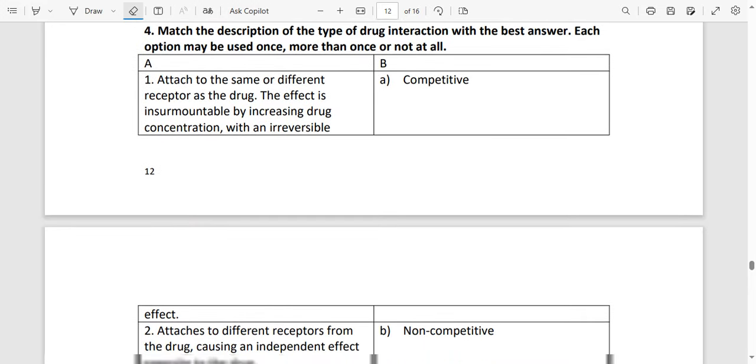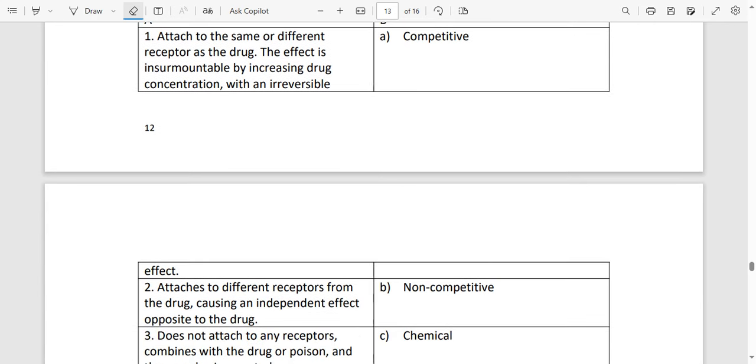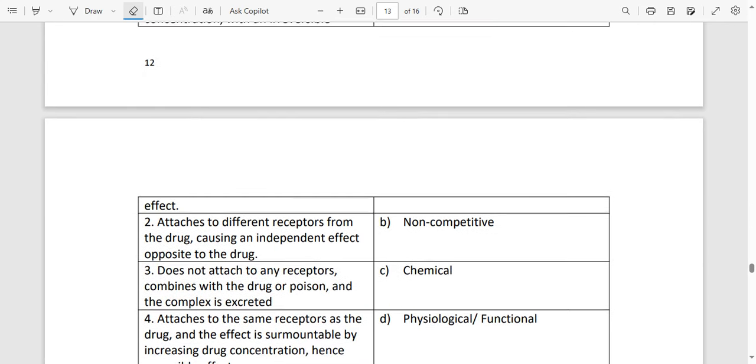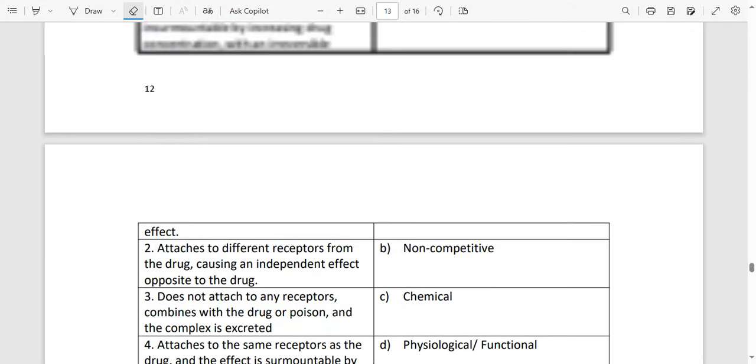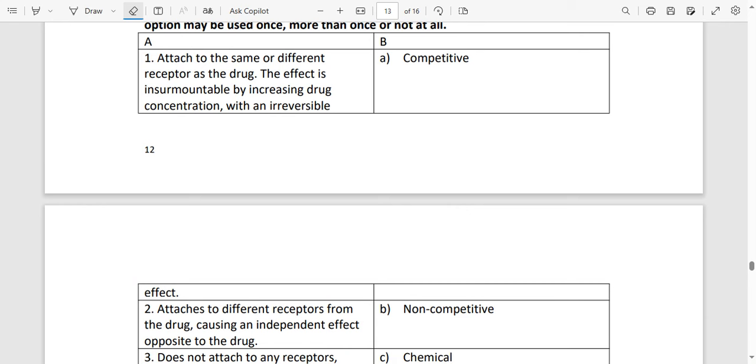Match the description of the type of interaction. Here we are also talking about the receptors: competitive, non-competitive, chemical, physiological. So number one, attach to the same or different receptor as a drug. The effect is insurmountable by increasing drug concentration, with an irreversible effect.